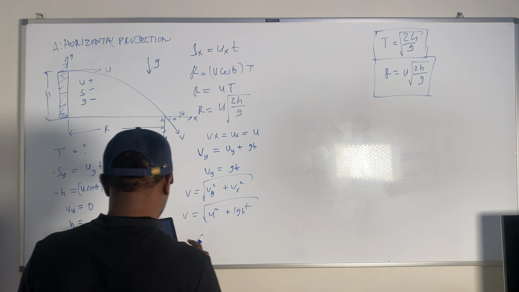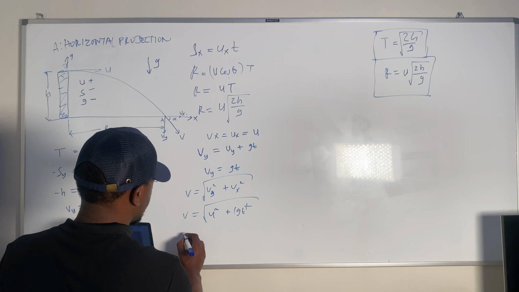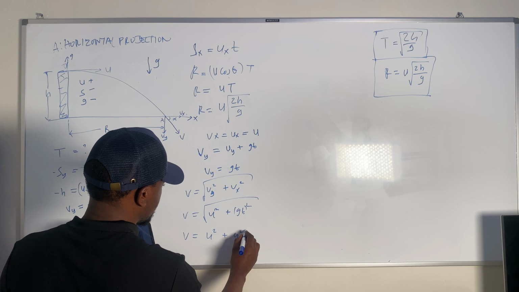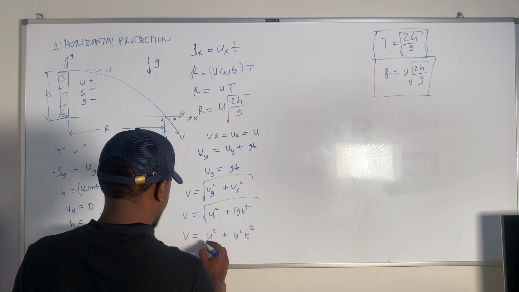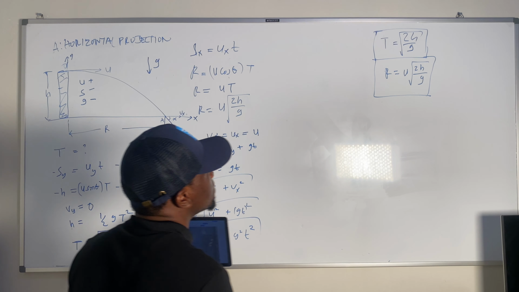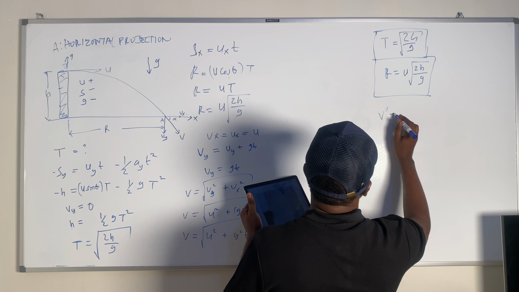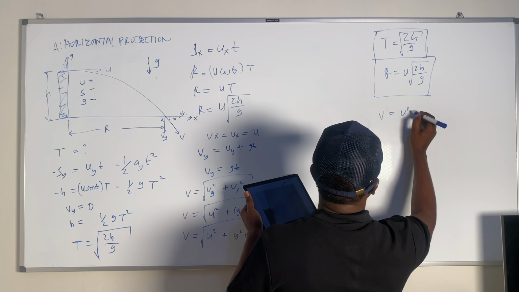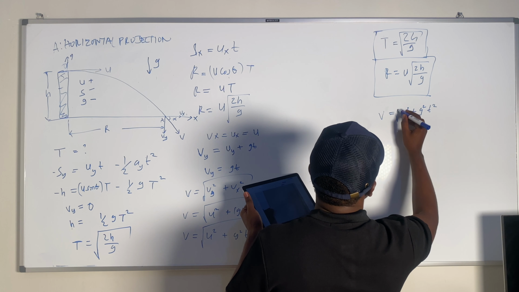So v will be equal to the square root of u squared plus g squared t squared.